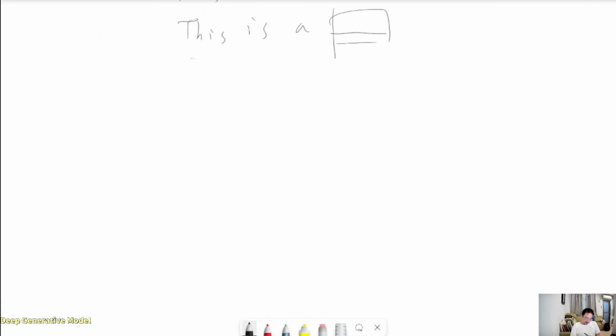We can alternatively do something like this one. We can ask a question across a sentence right here. Instead of asking what is the next word, we can ask what is the missing one.